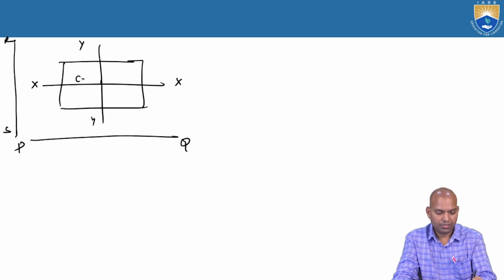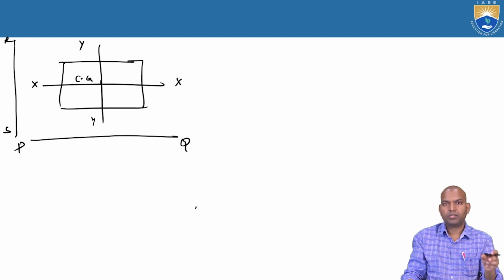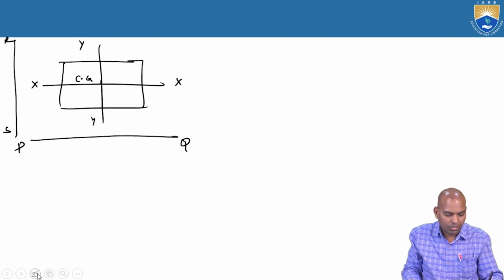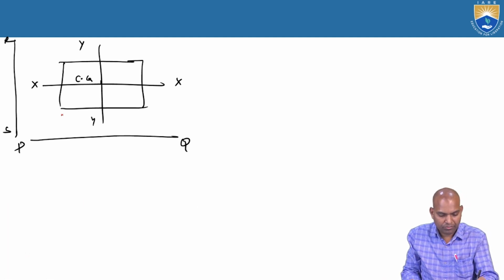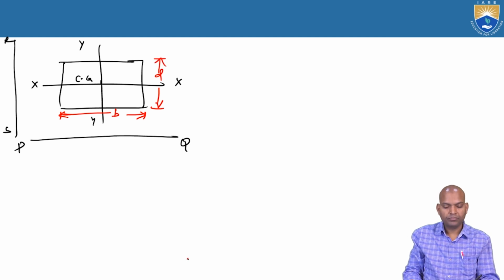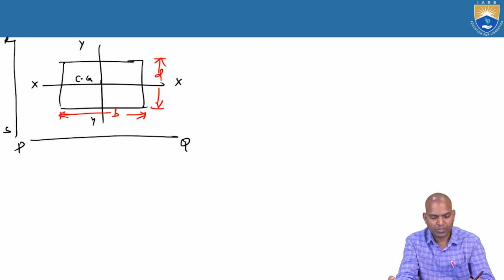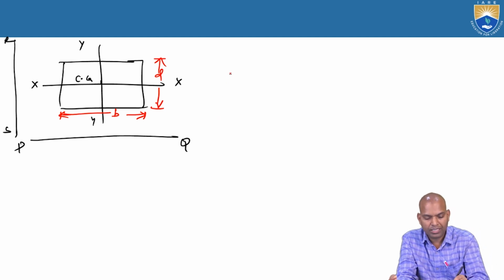So how do we find the moment of inertia of this rectangular section having a width B and a depth D? We already derived the expressions for the axes through the centroid.